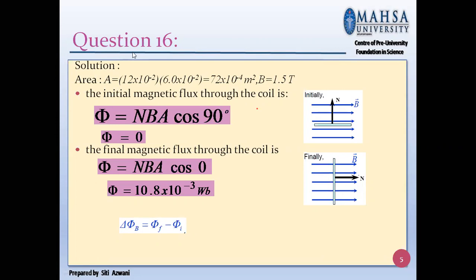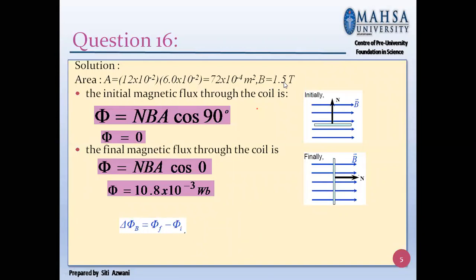For question 16, area equal to 72 times 10 power negative 4, and then you have the magnetic field B, 1.5 Tesla.